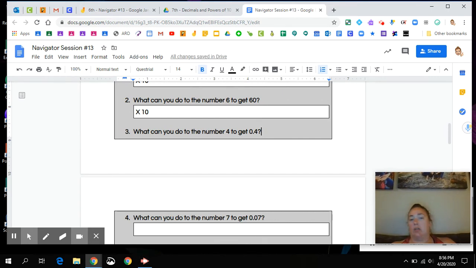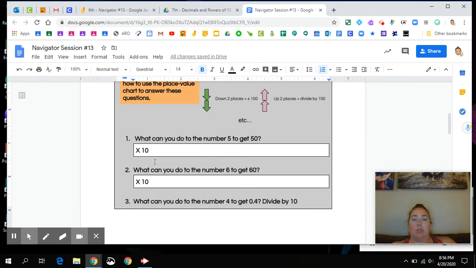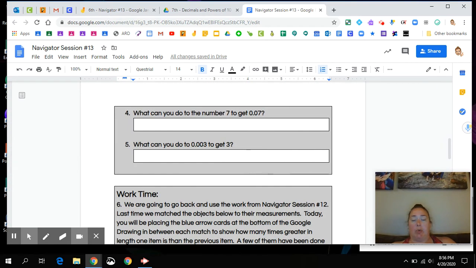There should be a box there, so I'll make sure that that's on there. But in here, I would have that I'm going to divide by 10, right? I'm moving up, so that's going to make it a division, or I'm moving backwards within my numbers, and so that's division, and it's one spot, so that's going to be a 10. So you can keep answering these problems by thinking about those patterns that you're seeing within that place value chart.